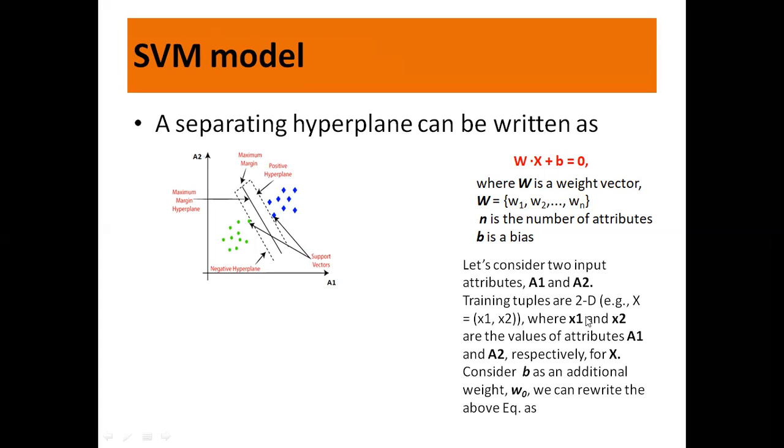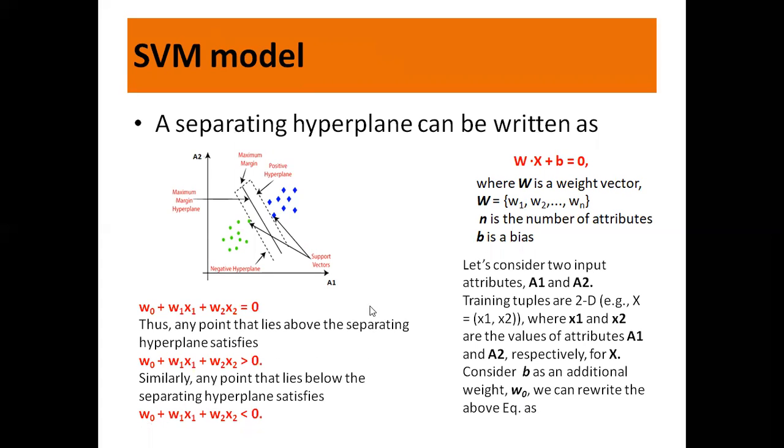Now training tuples are 2D, that is X = (x1, x2), where x1 and x2 are the values of the attributes A1 and A2 respectively for X. Now consider b as an additional weight, that is our bias having the weight w0. Now the same equation we can rewrite as w0 + w1x1 + w2x2. Here w1 is the weight associated with the input x1, w2 is the weight associated with the input x2, and w0 is the weight of the bias.